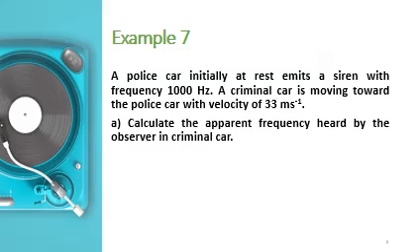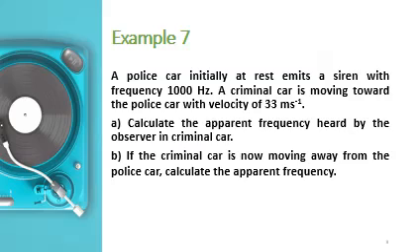A criminal car is moving towards the police car with a velocity of 33 meters per second. A. Calculate the apparent frequency heard by the observer in the criminal car. B. If the criminal car is now moving away from the police car, calculate the apparent frequency.